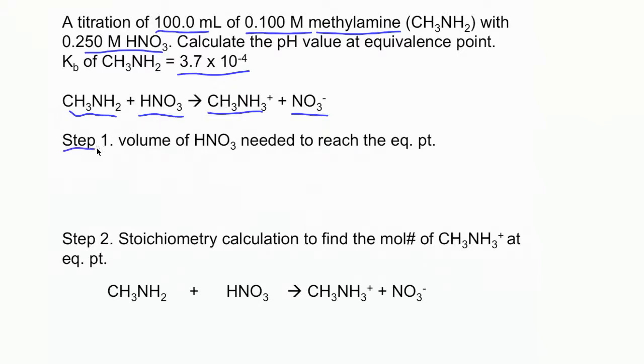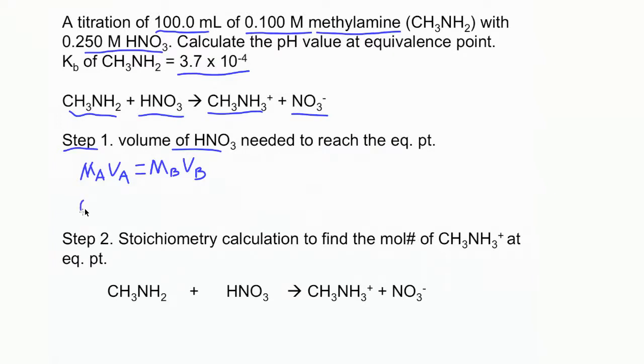Step 1. Let's calculate the volume of nitric acid needed to reach the equivalence point, because that will help us calculate the total volume of the solution. You can use MA VA equals MB VB to do the calculation. Because this is a 1-to-1 ratio reaction, this equation is available for us to use.